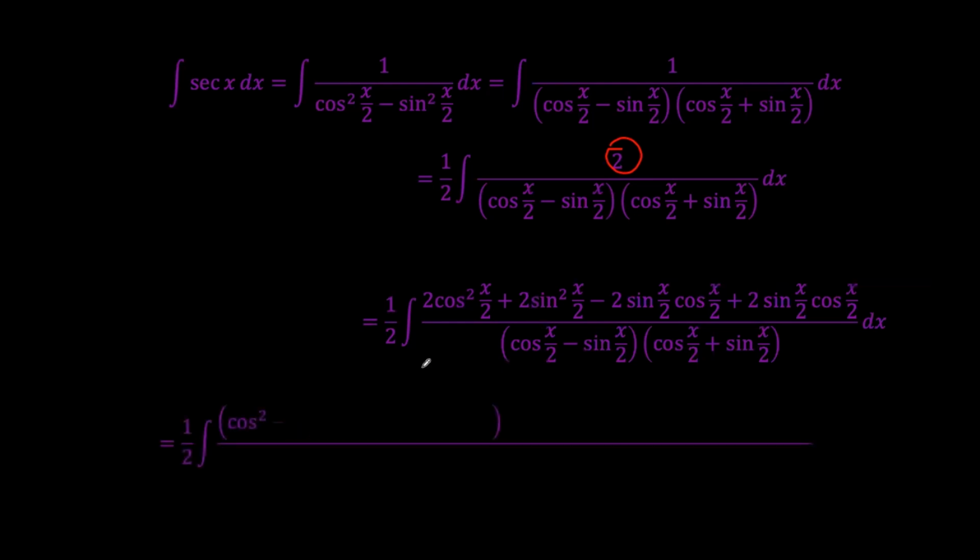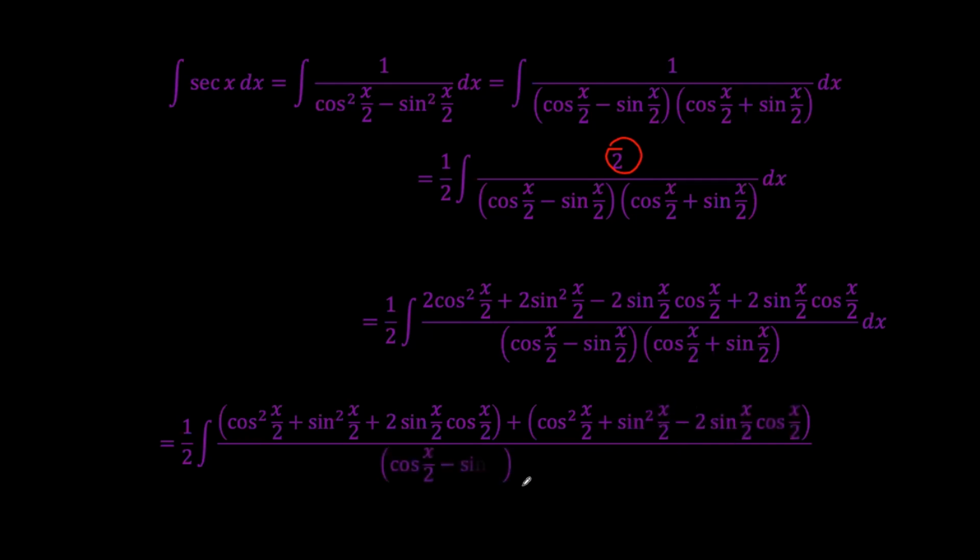And so we have a half, and then we can bunch the first cosine squared x/2 plus sine squared x/2 with the plus 2 sine x/2 times cosine x/2, and then plus the second cosine squared x/2 plus sine squared x/2. Then we bring the minus 2 sine x/2. Now, this is interesting.